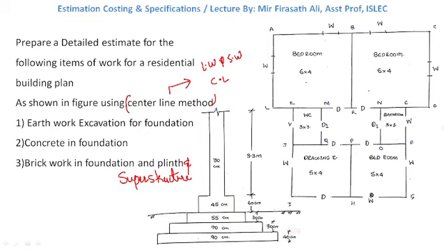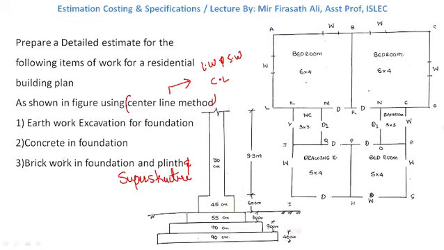The plinth, above the ground level, is 45 centimeter thick, and we have different foundations. Before beginning to solve the question, let us see how to find the total center length of the given problem.